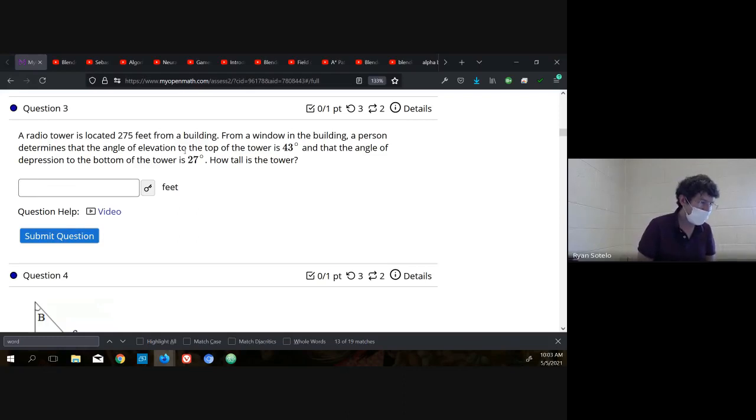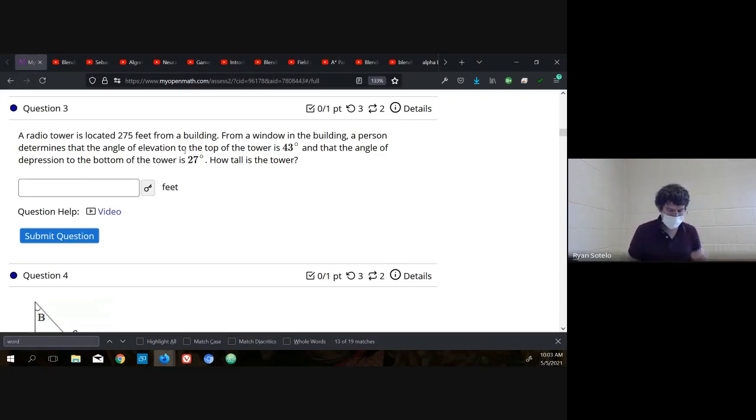There's a window in the building, and a person determines that the angle of elevation to the top of the tower is 43 degrees. And the angle of depression to the bottom of the tower is 27. How tall is the tower?